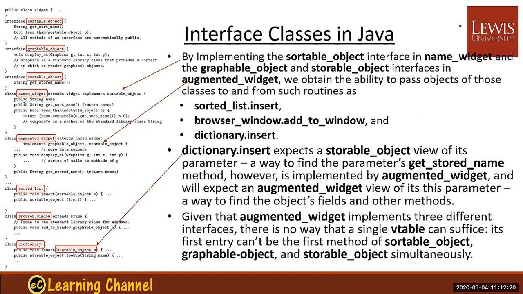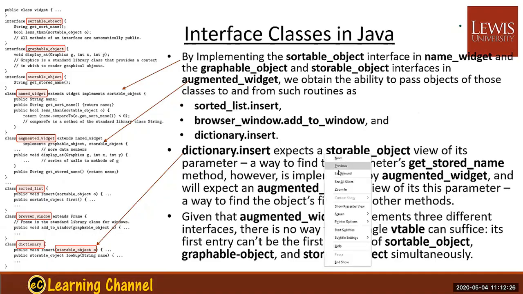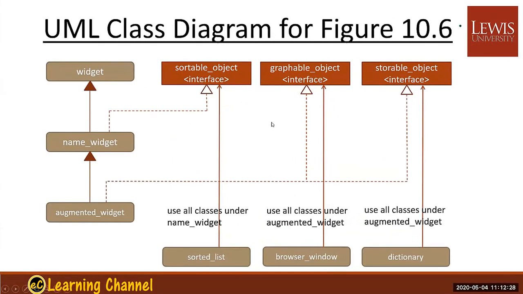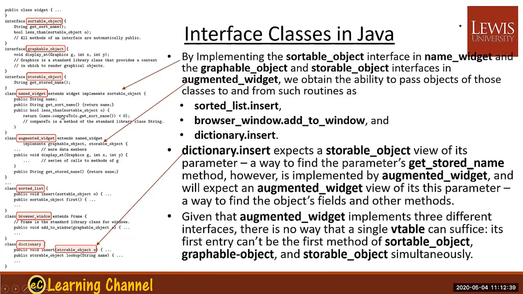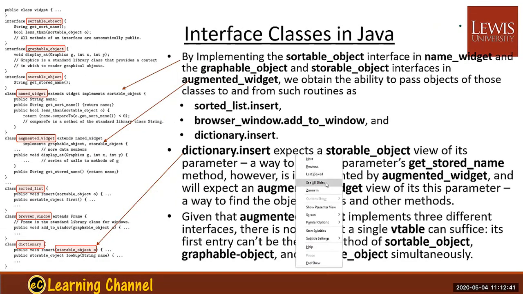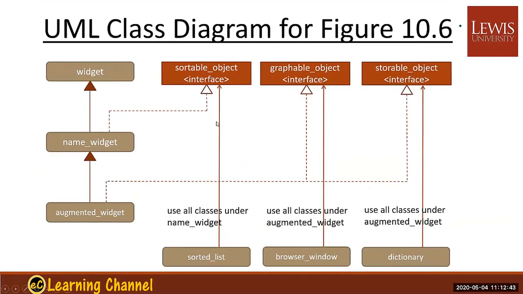Then we have name widget extends widget and implements sortable object. This is just to show you the chart I drew. In the textbook it is text, but I show you the UML relationship here. Whatever you read about widget and the object is shown in this UML.